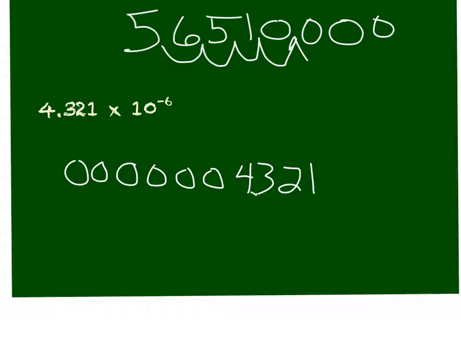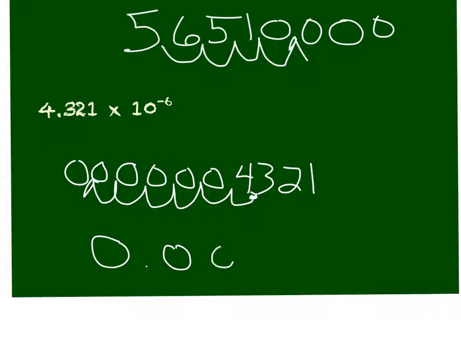Here's where my decimal place is right now. Since I need to move it 6 spaces, this is a small number, I'm going to make this 4 look small. 1, 2, 3, 4, 5, 6. Ooh, just enough. Okay, so it's going to go there. So I have 0.0000004321.